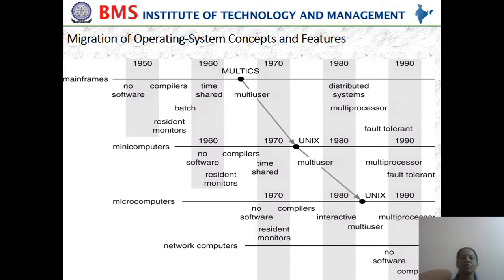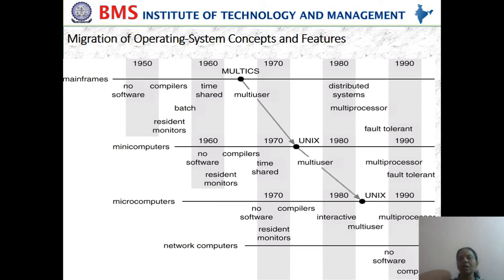Resident monitors we would have seen were very big, and minicomputers and microcomputers were not there in the 1950s. Now, with a gap of 10 years, or one decade, advances in technologies happened, the operating system is also getting advanced, and some features have been adopted in operating systems.